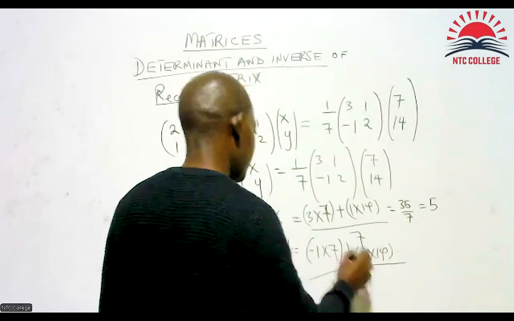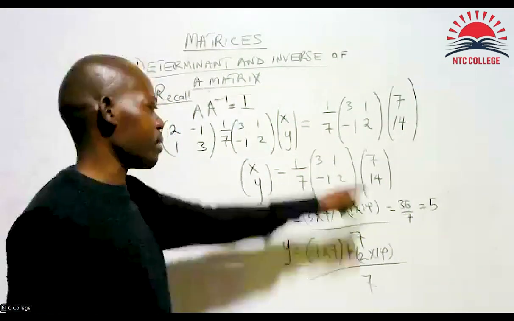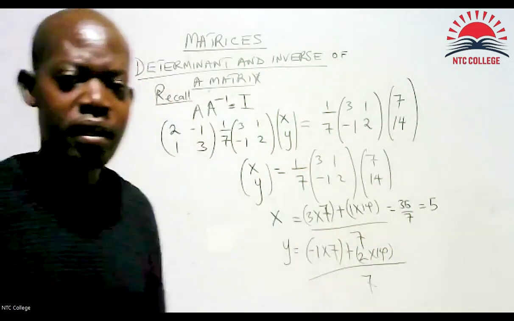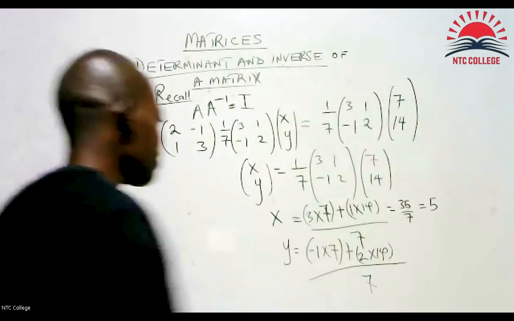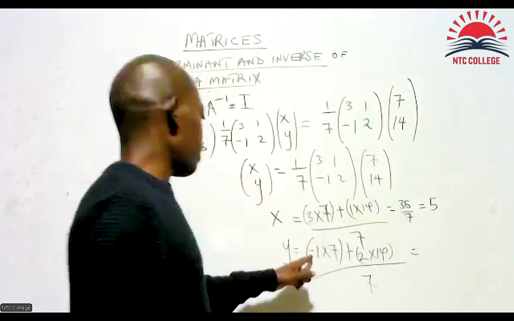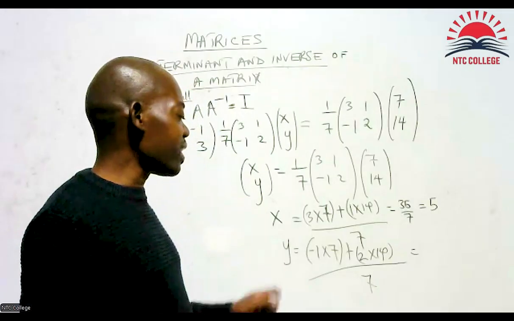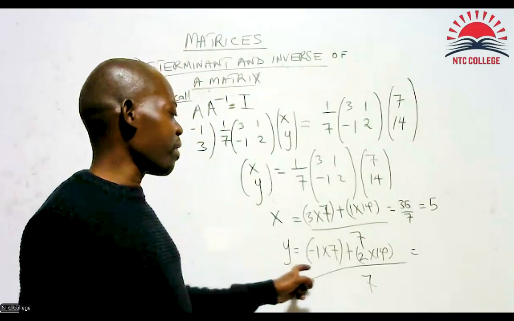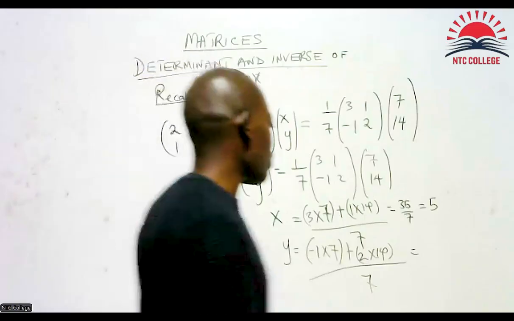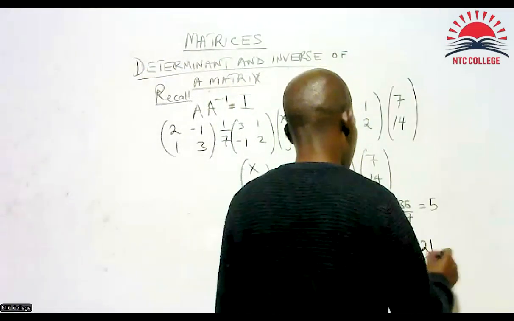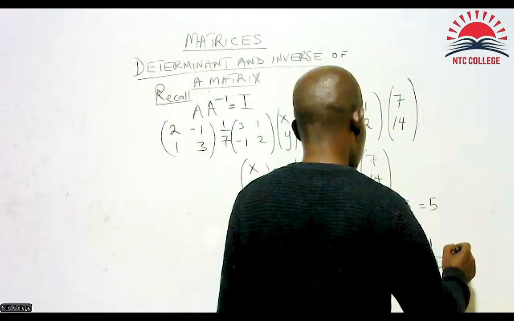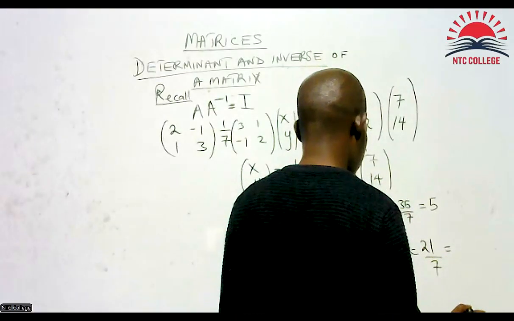Don't forget, it was 1 all over the determinant times that. That's why we are dividing by 7. So this gives me negative 7 plus 28, which is 21. 21 all over 7 should give me 3.